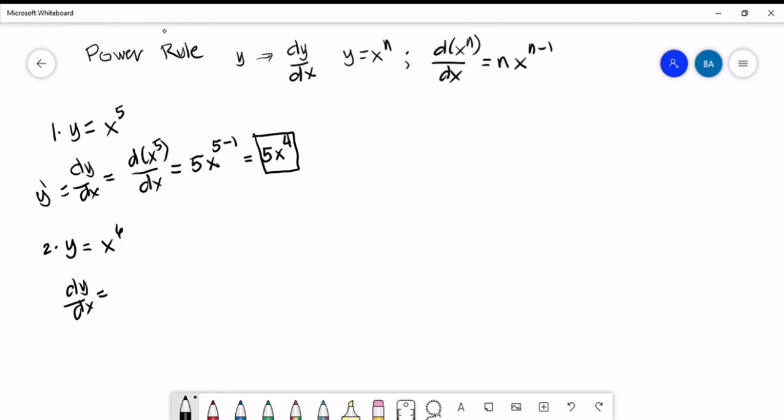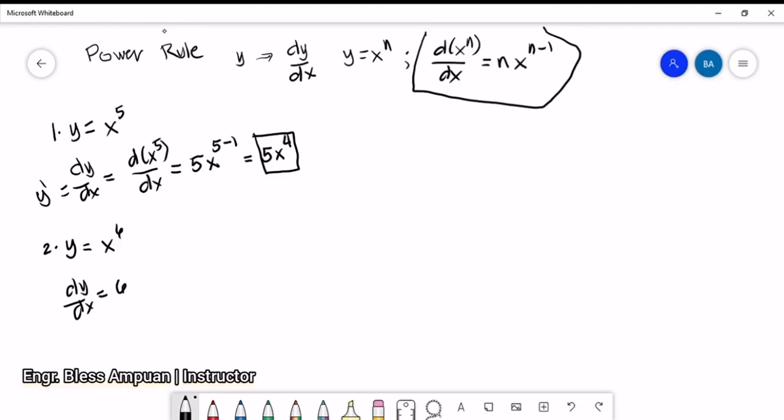Just focus on our theorem, where 6 is our n, or our exponent. Just bring down the 6, then copy the x, and then 6 minus 1. That's based on our theorem. So automatically, this is equal to 6x raised to 5.